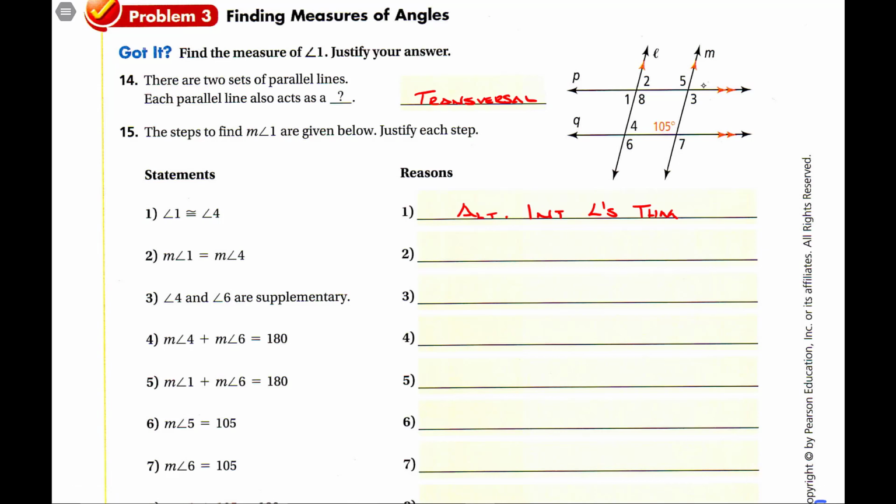For number 2, it says that the measure of angle 1 is equal to the measure of angle 4. Well, that's just because congruent angles have the same measure.